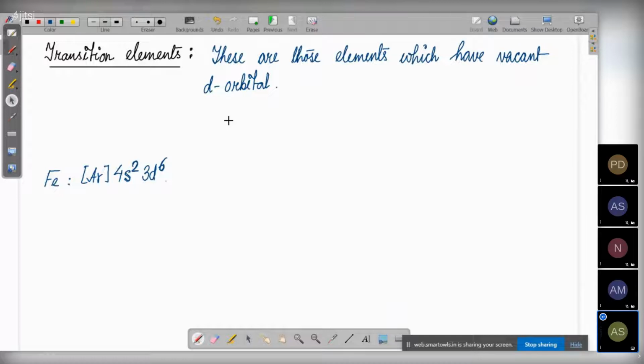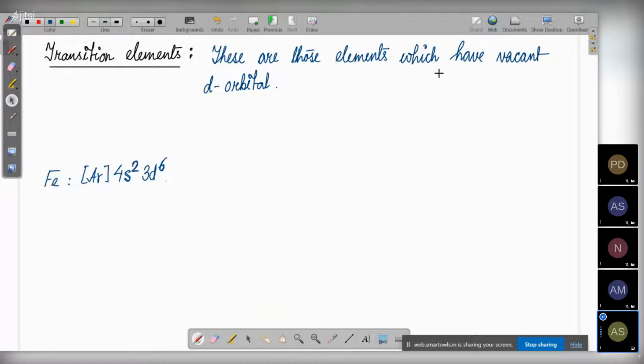What is the maximum number of electrons that can be present in a d orbital? In d it is 10. So how many are over here? Only 6 electrons. Maximum 10 electrons can be present, but we see that only 6 electrons are there in the d orbital. So hence iron is a transition element, because the definition is satisfied.